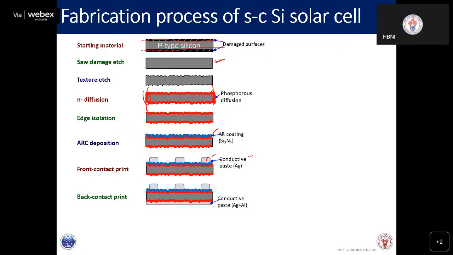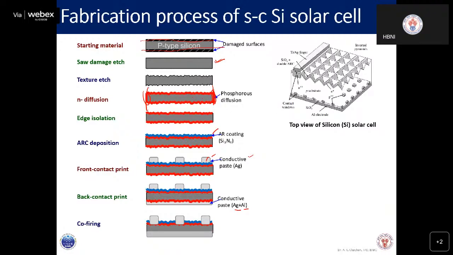Then you have a back electrode also, with silver and aluminum on this side. Though it is p, it is fine. After that you give a heat treatment to this. That way you complete the fabrication process of a single crystalline silicon solar cell.